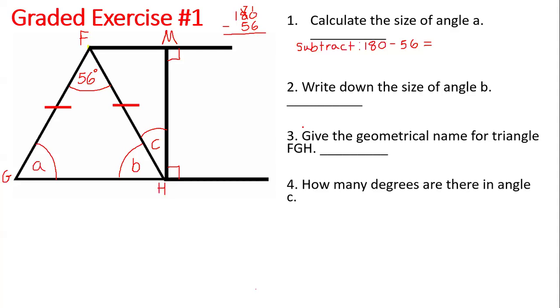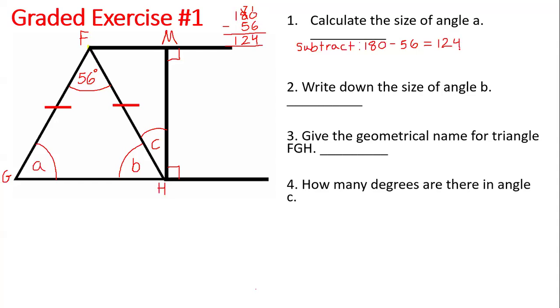Let's show your work. 10 minus 6 is what? You have to show what you did. 4, very good. And 7 minus 5 is? 2. So it's 1 minus 0 is 1. It's going to be what? 124.